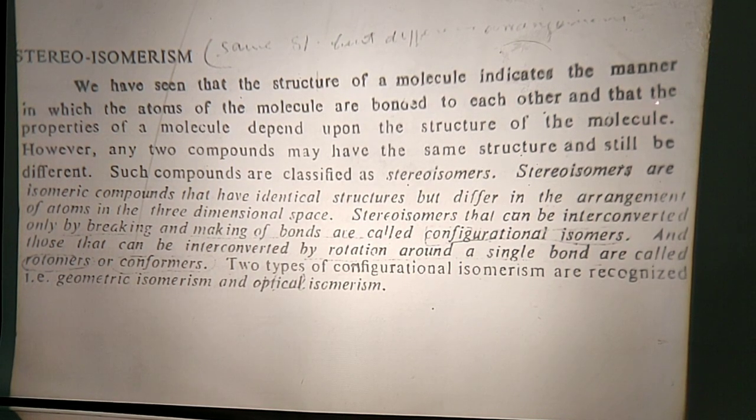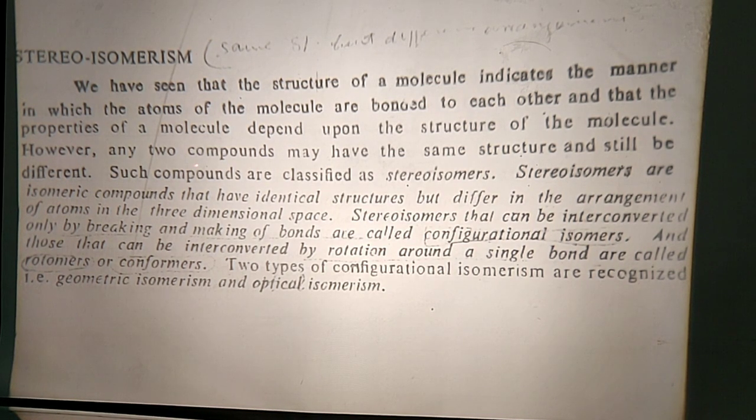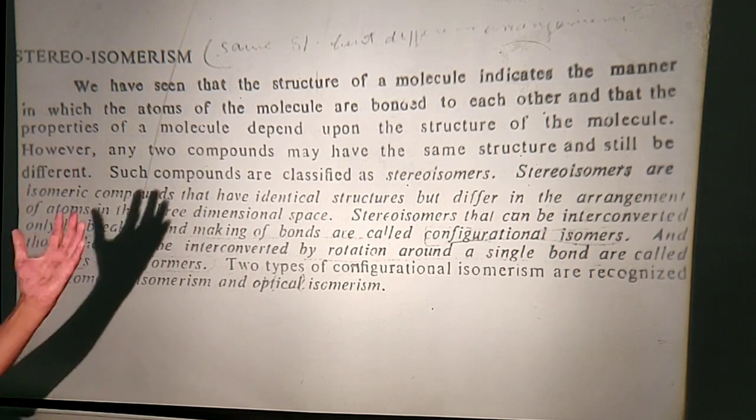I have already given you the definition. However, any two compounds may have the same structure and still be different. Such compounds are classified as stereoisomers.